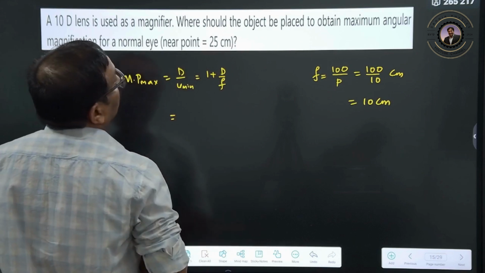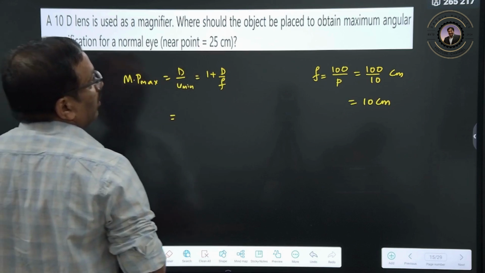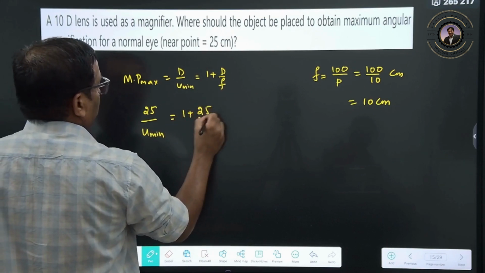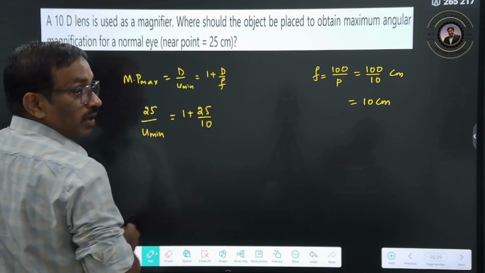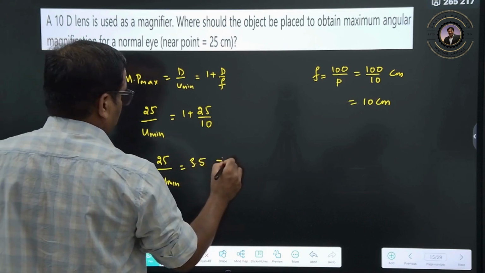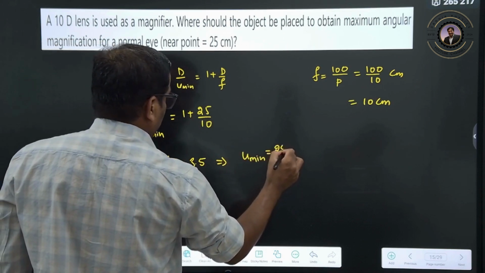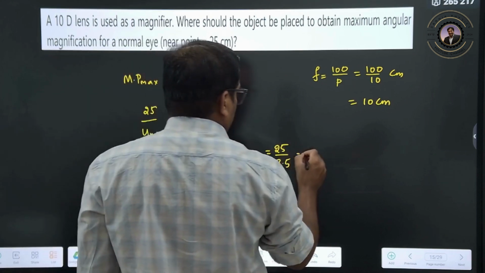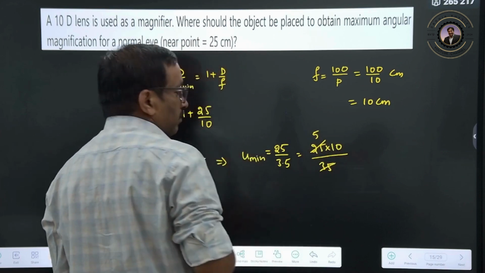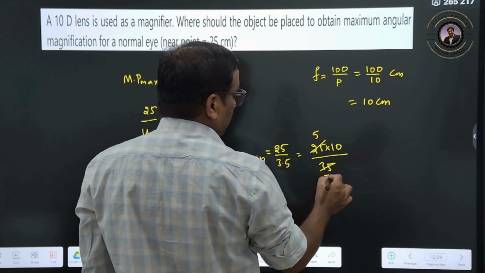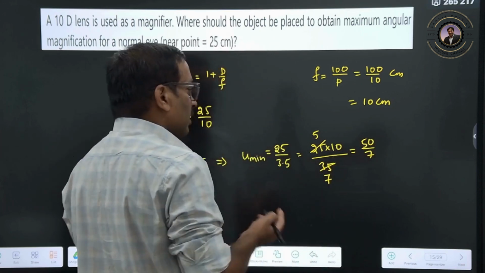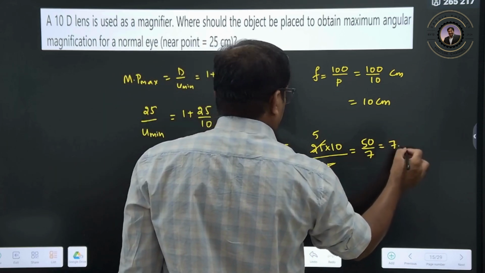Therefore here, where should your object be placed, where should this u minimum be kept? So it will be 25 by u minimum equals 1 plus 25 by 10, so 2.5 plus 1, 3.5. 25 by u minimum, this you will get as 3.5, that implies u minimum is 25 by 3.5, that is 25 into 10 by 35. 5 fives are 25, 5 sevens are 35, so 50 by 7, 7 sevens are 49 nearly, so 7 point something in centimeters.